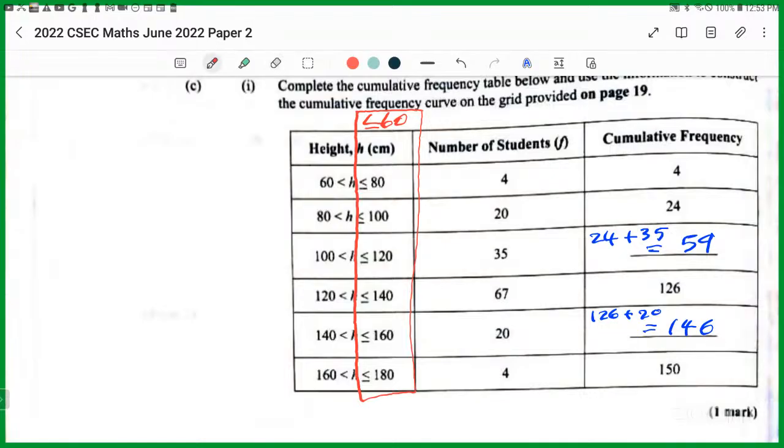Let me draw it up here again. All right. And that cumulative frequency would have been 0. That's a point you need to add to your graph to bring the graph down to the x-axis. And you're plotting upper boundary values against the cumulative frequency. But these boundary values are actually less than or equal to values.